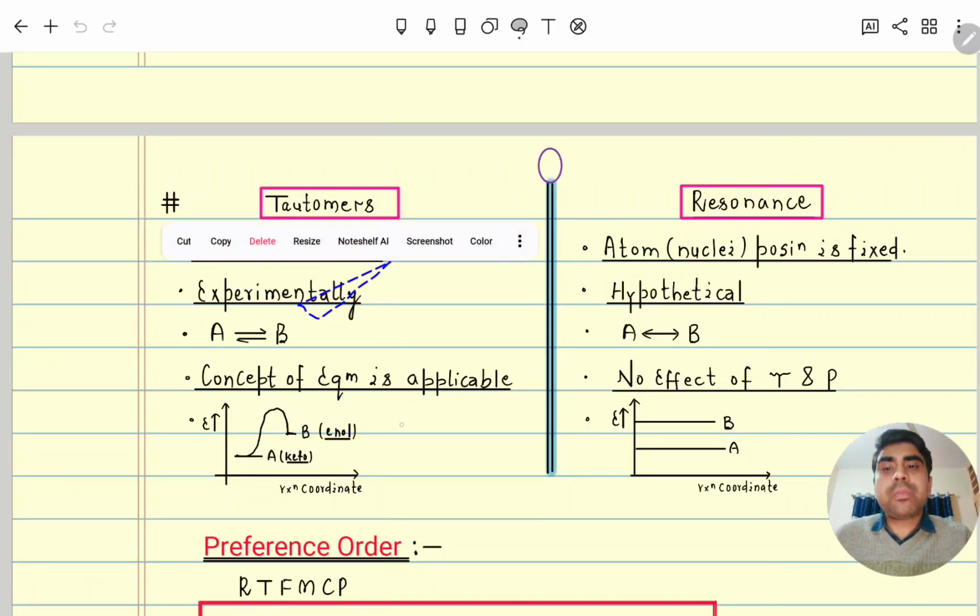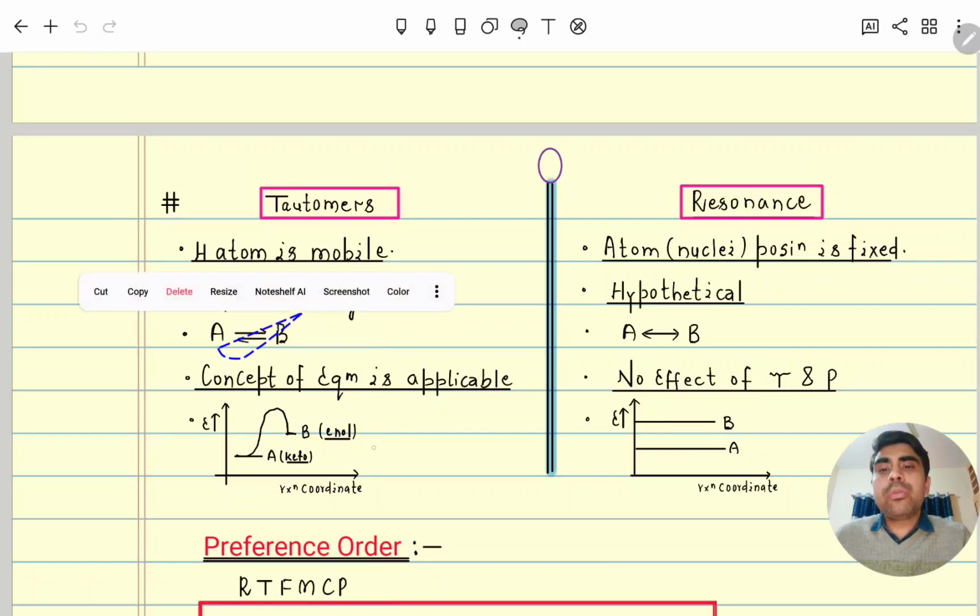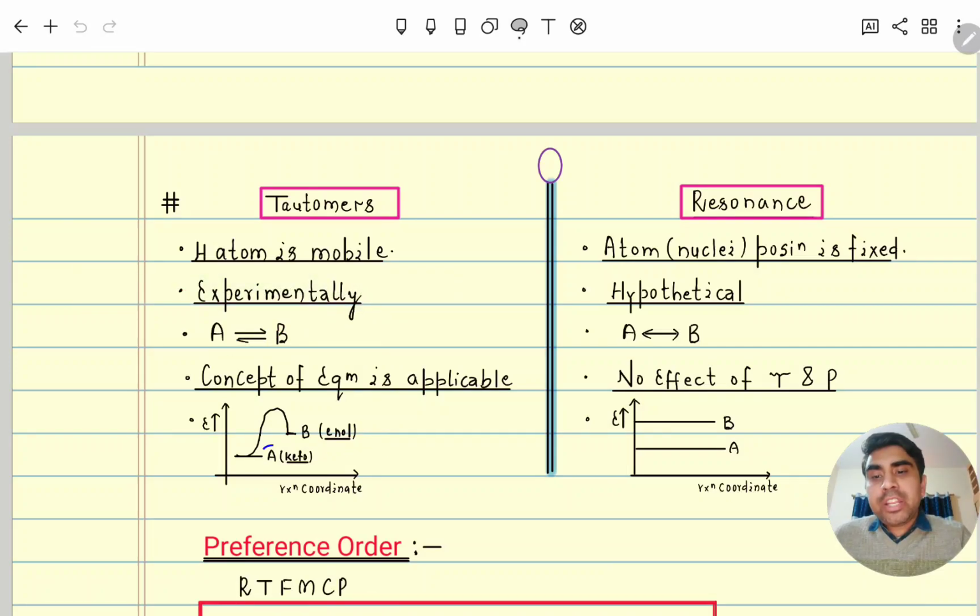It is experimental and it is in equilibrium. In that, keto is more stable than enol, because keto has carbon double bond oxygen, its bond strength is more, so it is relatively more stable. Whereas in enol, the carbon bond strength is relatively less, so energy is more and its stability is less.